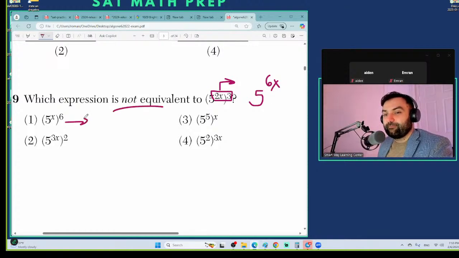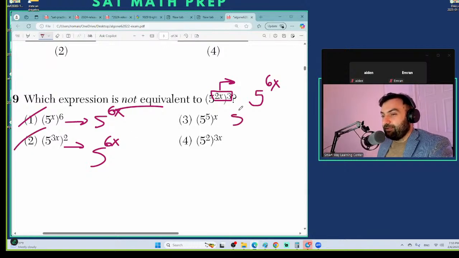Number 1: power times power, which is 5 to the 6 times x, 6x. So not this. Number 2 is going to be 5 to the power 3x times 2, which is 6x. Number 3 is going to be 5 to the power 5 times x, 5x. Oh, nope, that's not 6x. It means that this is the answer.